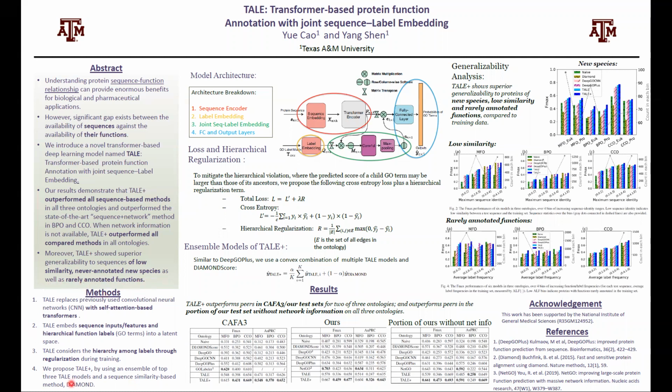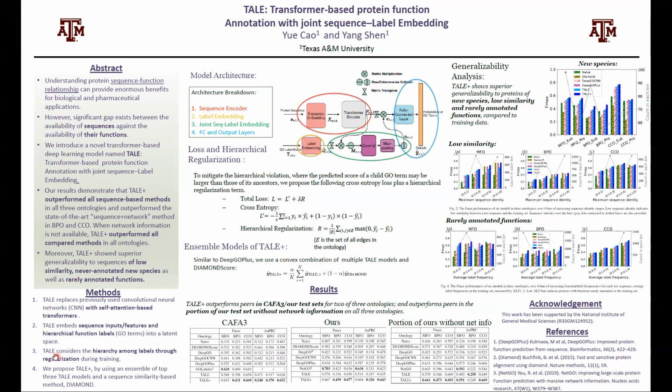So here is a summary of our method. First, TAIL replaces the previously used CNN with self-attention based transformers. In this way, TAIL can capture long-term dependencies better in the protein sequences. Secondly, TAIL embeds the sequence inputs and the hierarchical function labels together into a joint latent space so that our model can deal with the tail label situations.